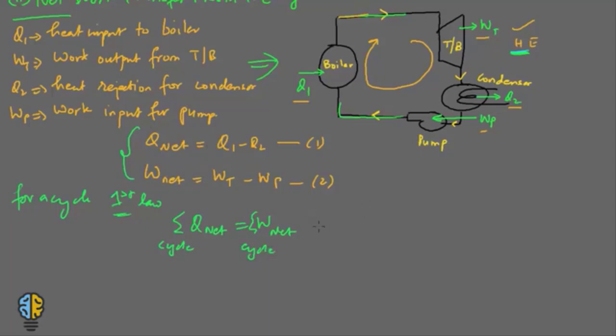So this makes it that Q1 minus Q2 is equal to WT minus WP. This is a relation which represents a cyclic heat engine. This is a very simple analysis of this cyclic heat engine.